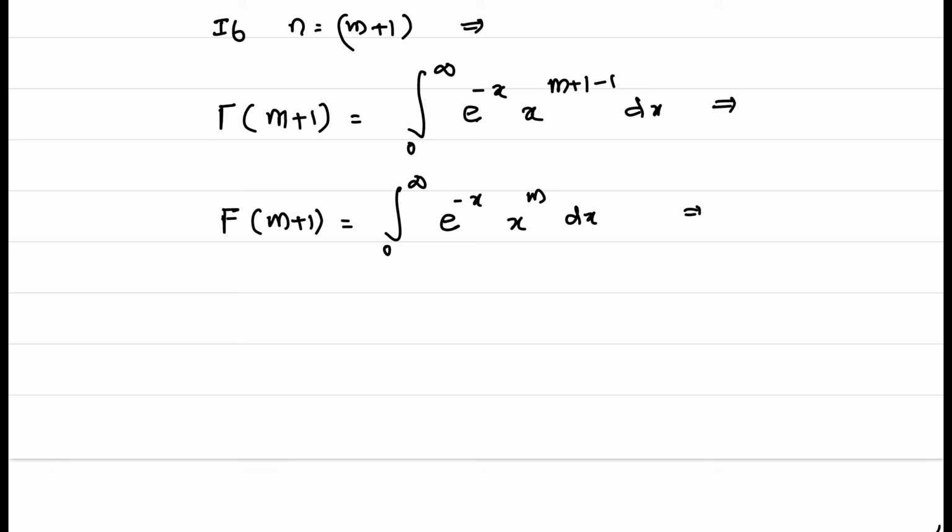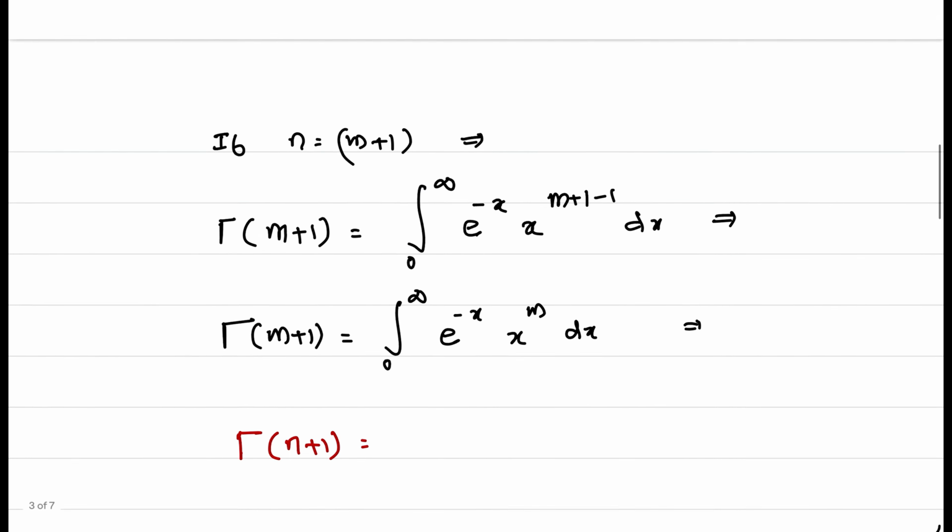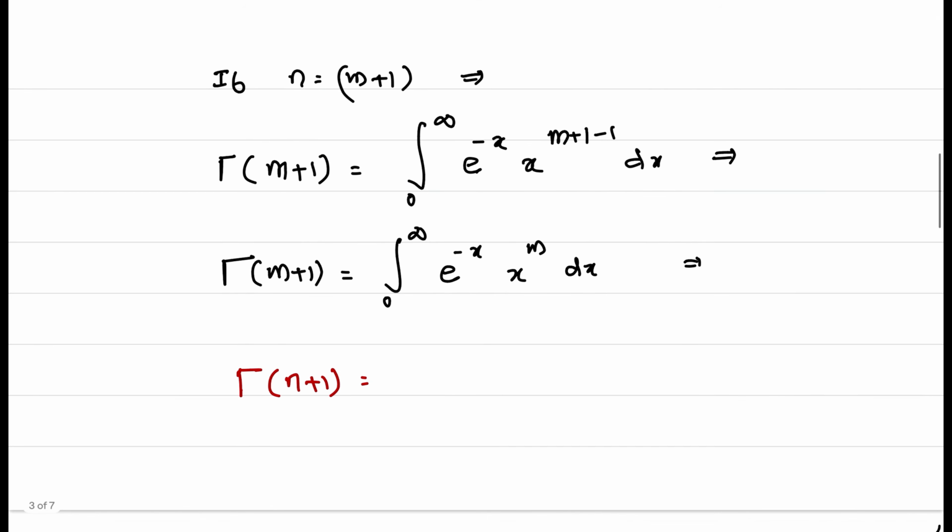In general, if m is replaced by n, gamma n plus 1 is equal to n into gamma n.